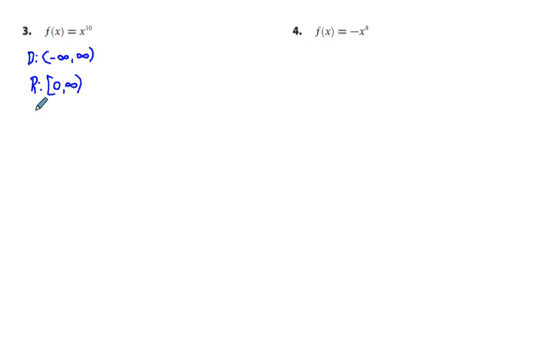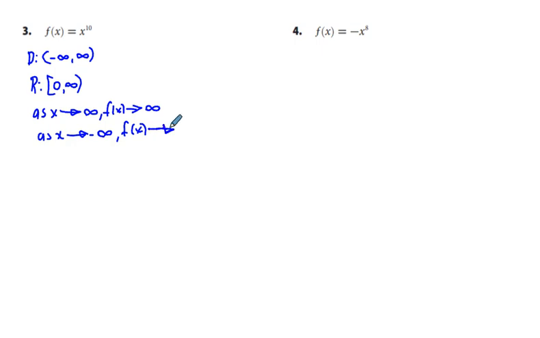And finally, our end behavior, as x is approaching infinity, or positive infinity, f of x is approaching also infinity. As x is approaching negative infinity, f of x is approaching negative infinity?